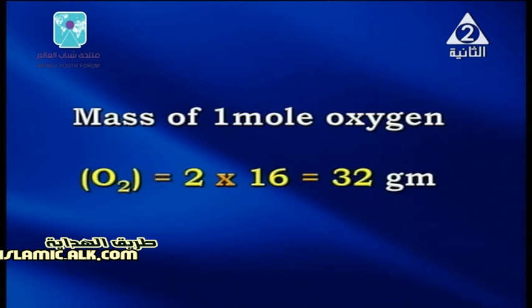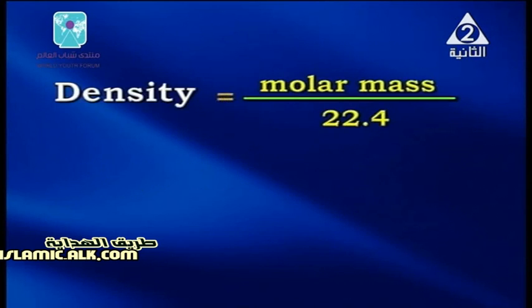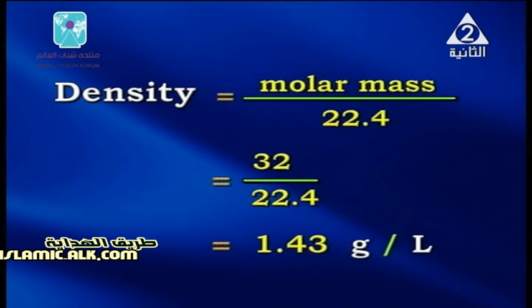Here the solution is molar mass, or mass of 1 mole of oxygen, equals 2 times 16 equals 32 gram. Then the density equals molar mass over 22.4.